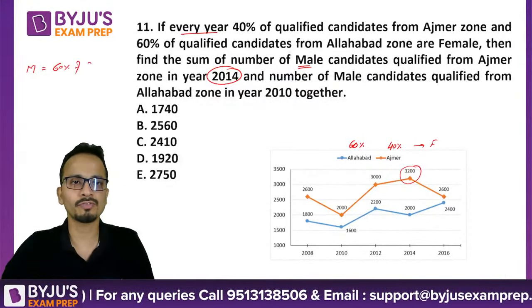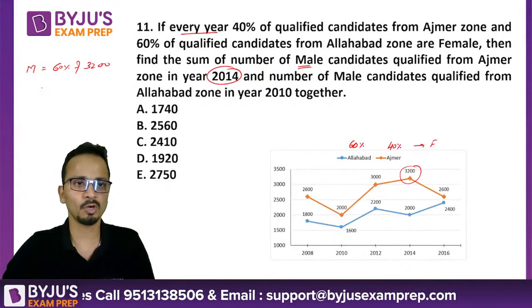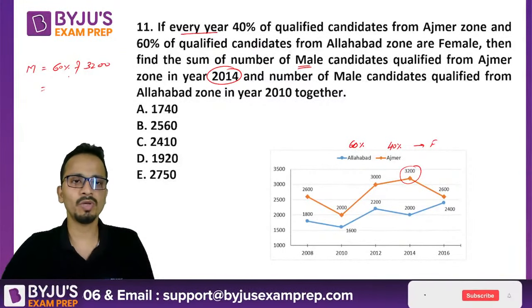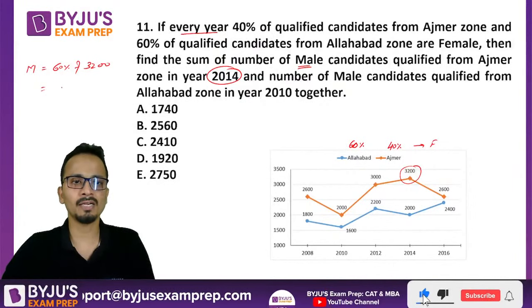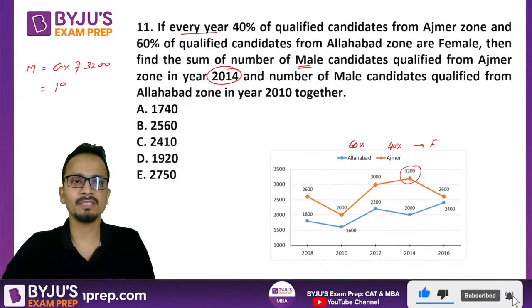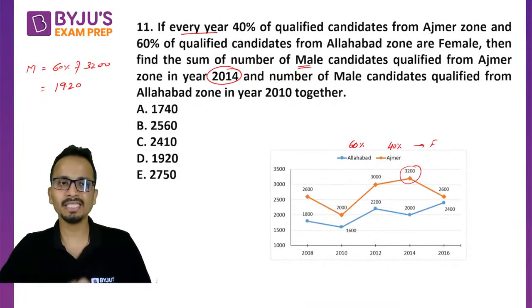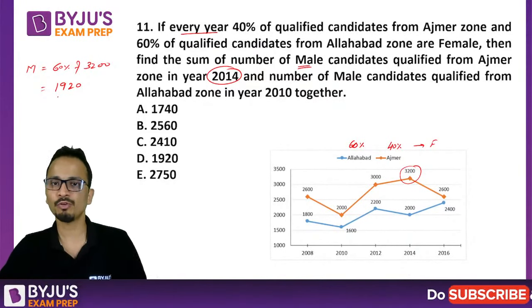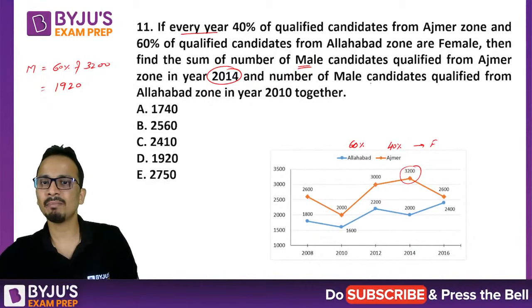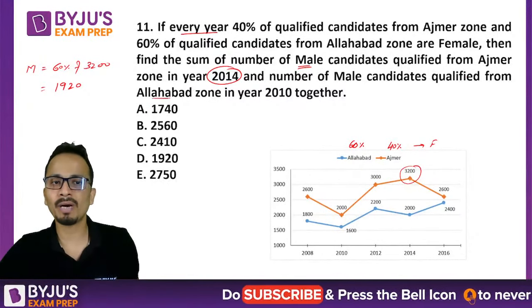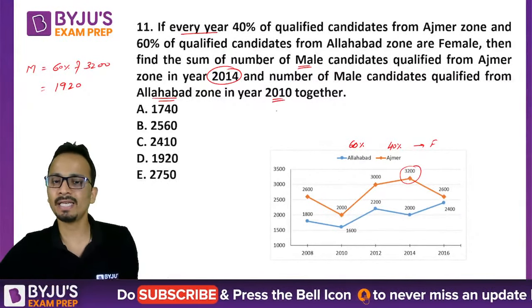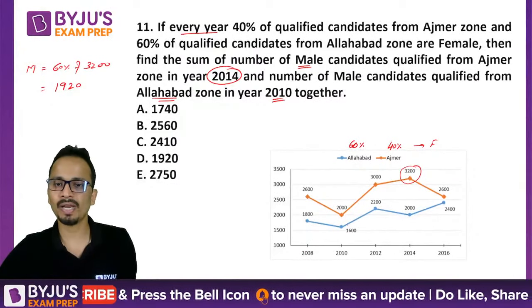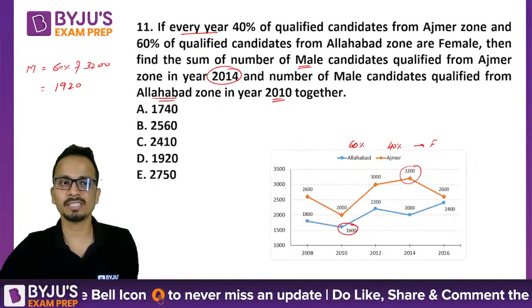60% of 3200. So this number will be 1800 and 120, that is 1920. So 1920 will be the number of males from Ajmer in 2014, and the number of male candidates qualified from Allahabad in 2010. So Allahabad 2010 total is 1600.